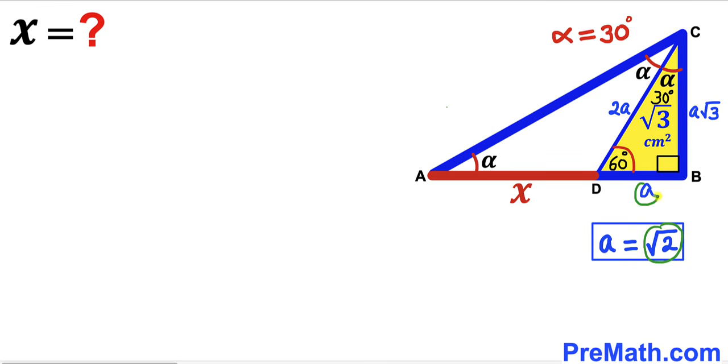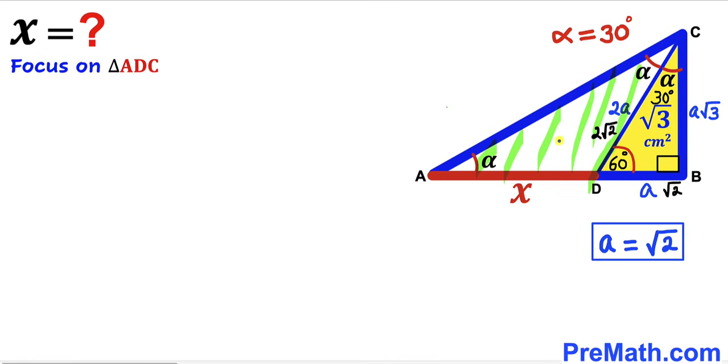So therefore this segment is going to be square root of 2, and this CD length is going to be 2 times a, meaning 2 times the square root of 2. And now let's focus on this triangle ADC. And we can see this is an isosceles triangle, since this angle is alpha and this angle is alpha as well.